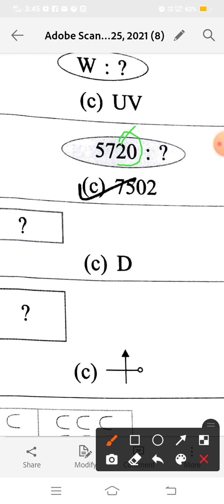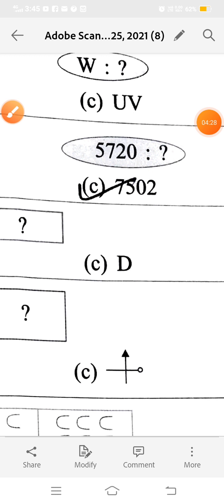So 2 will come on the ones place and 0 will come on the tens place. Now 7 will come on the 1000 place and 5 will come on the 100 place. So 7502 is our correct answer. It means option C is our correct answer.